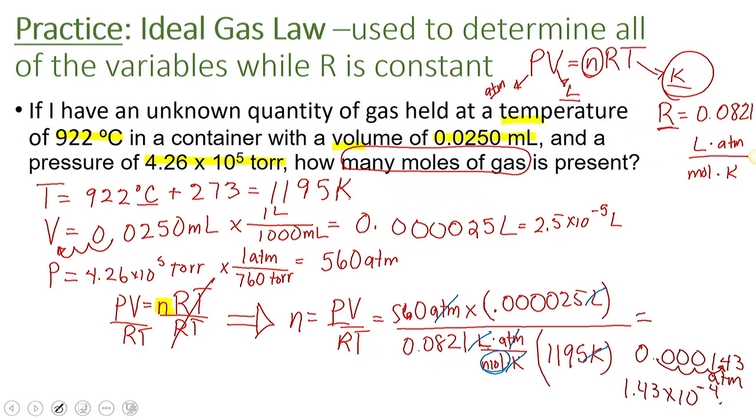And there we go. Let's check our number of sig figs. All of our given amounts: I had 922, which is 3 sig figs. Here, I've got 3 sig figs. And here, I've also got 3 sig figs. So our answer is correct, having 3 significant figures. Okay?